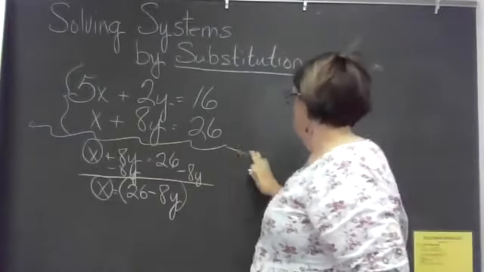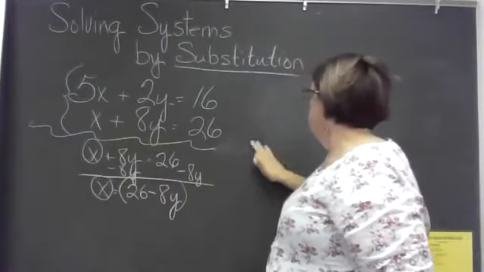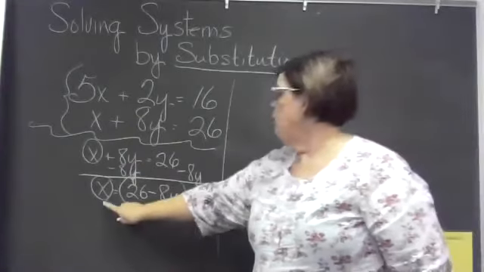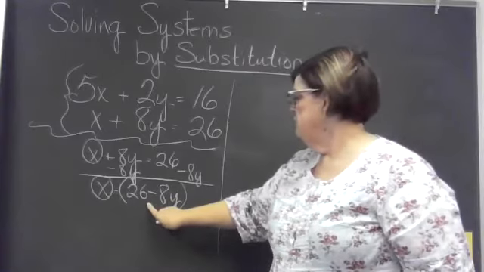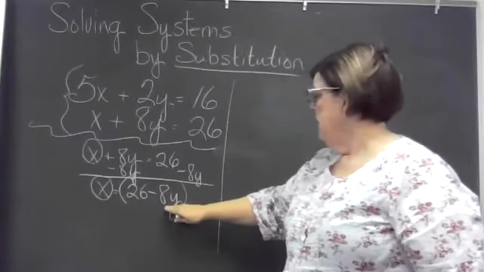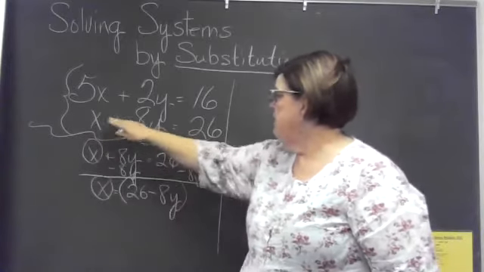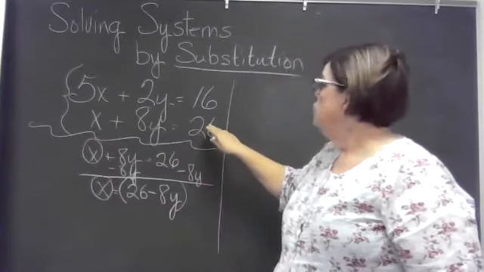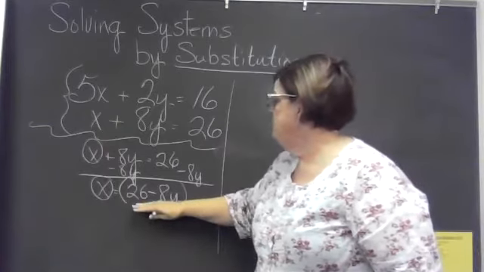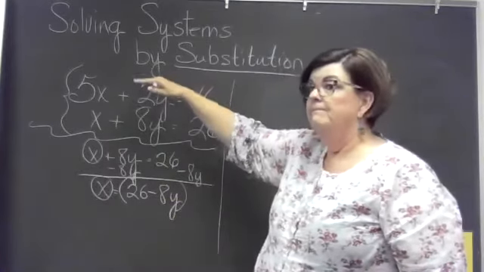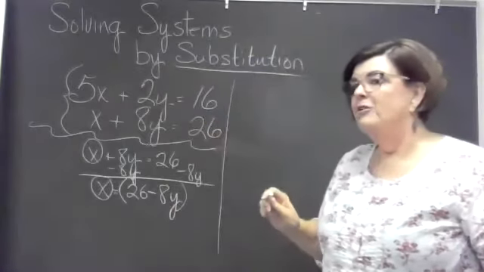Now, that's just the first part, because what I've done is I figured out what I want to substitute. This has the same value as x, and I got it out of this equation. So I'm going to plug this in or substitute it in to the other equation. Stay with it, okay?